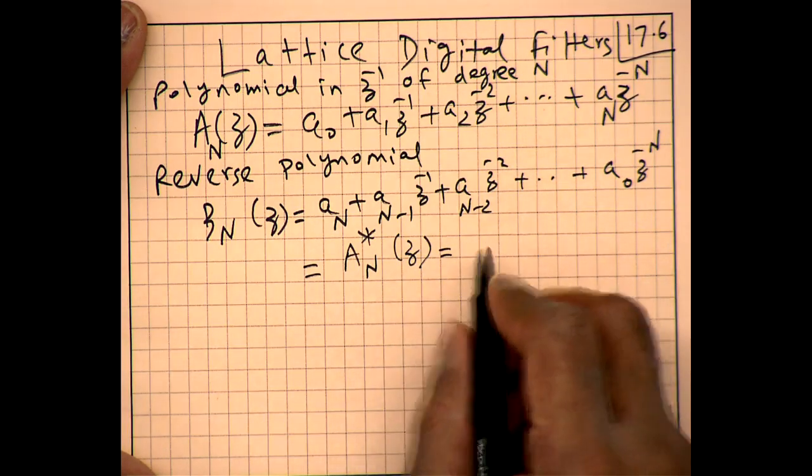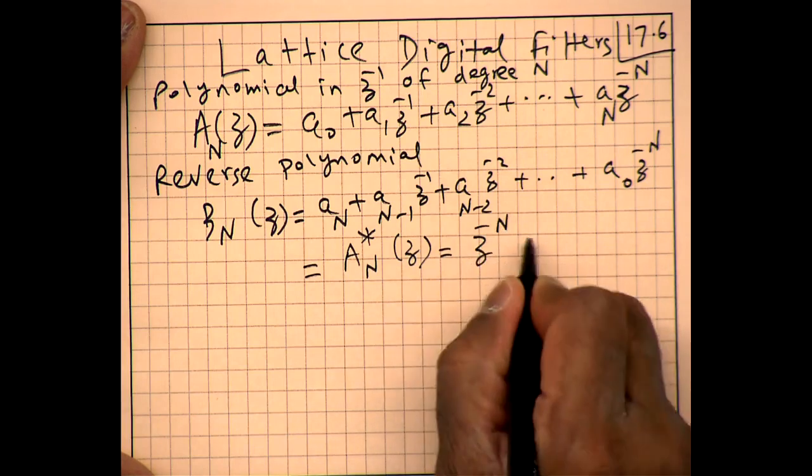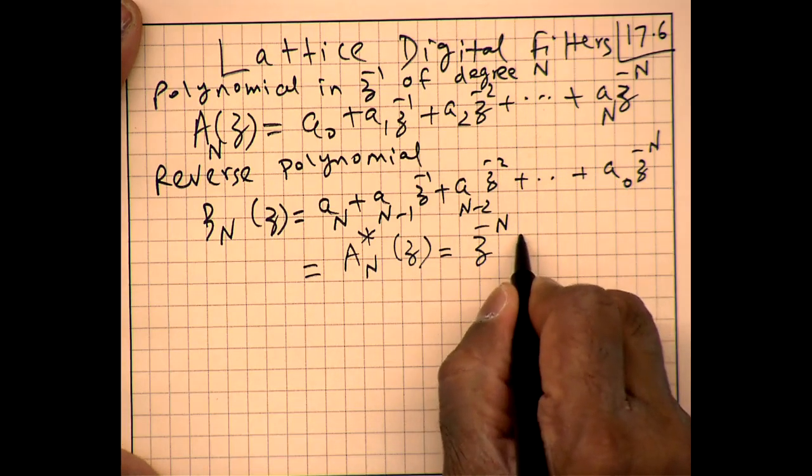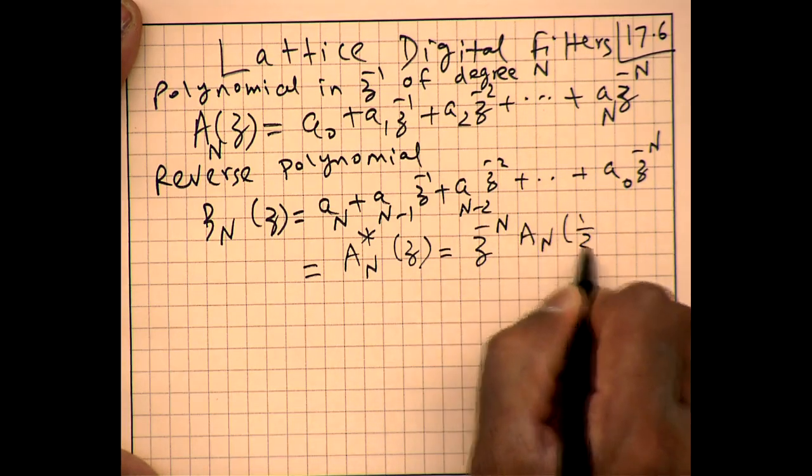And in a formal manner, we can write that as z to the power minus n times An(1/z).